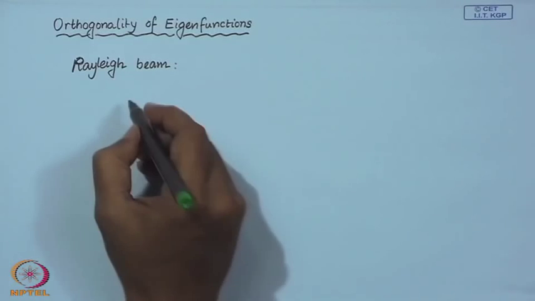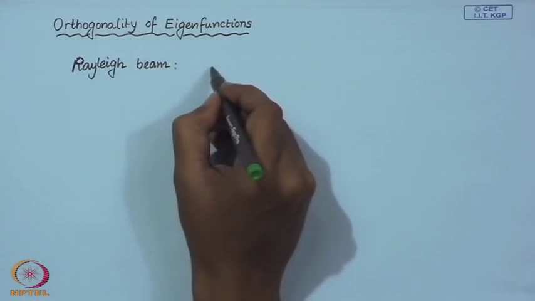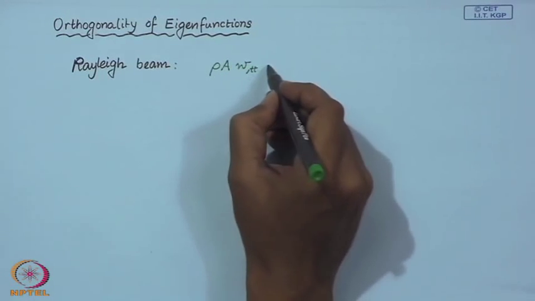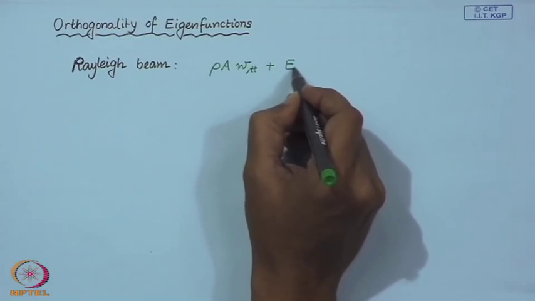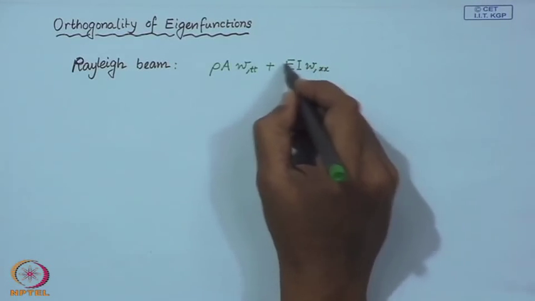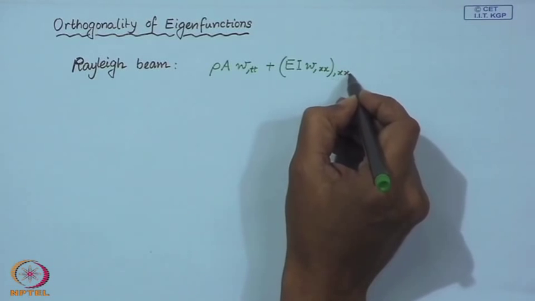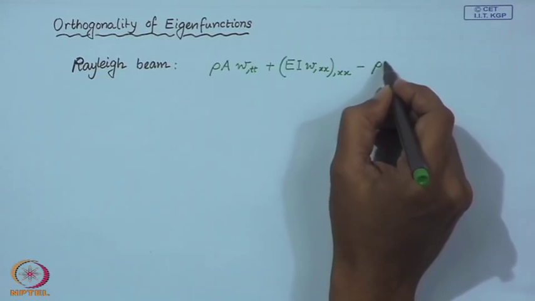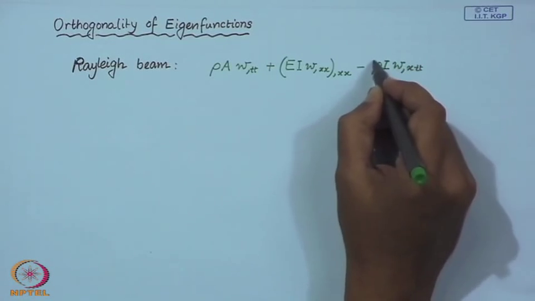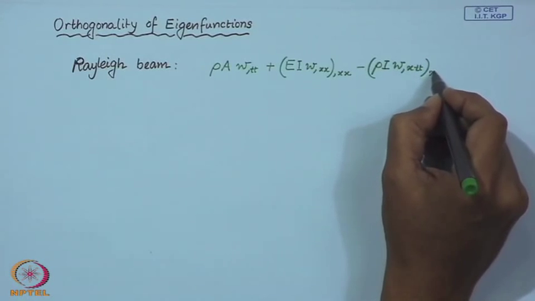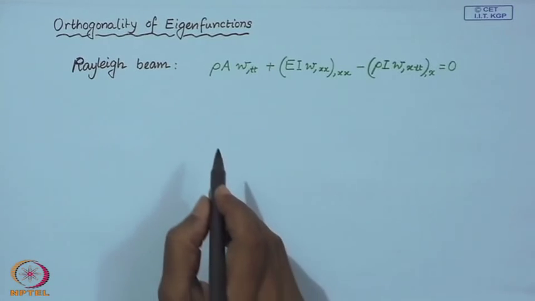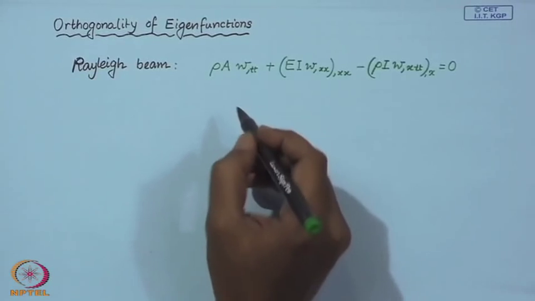So, for the Rayleigh beam, the equation of motion is this.